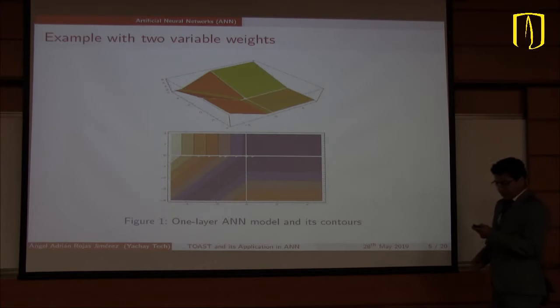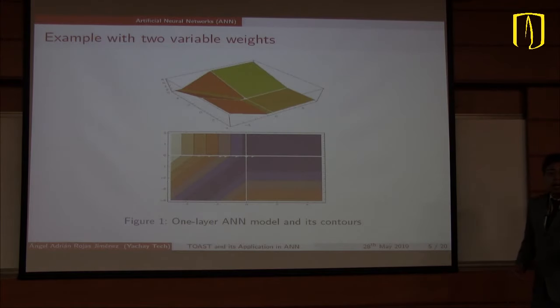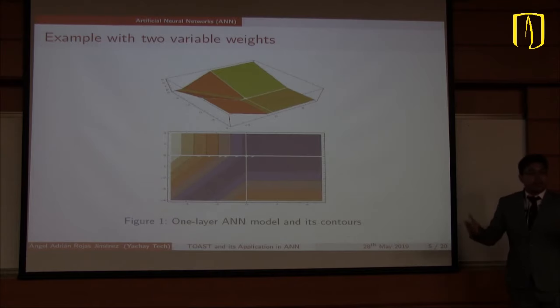And so this is the contour of this surface, and as we can see, there is the plateau where all these points that make the plateau are local minima, and so the usual optimizers like stochastic gradient method and steepest descent could get stuck there. Okay, so it is a problem because we are not minimizing globally the function.